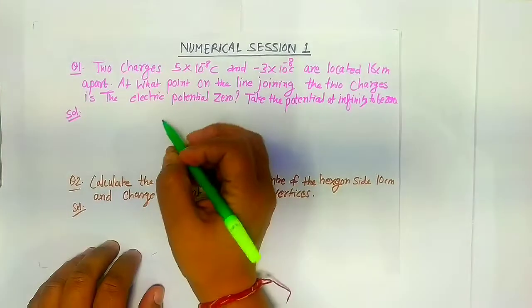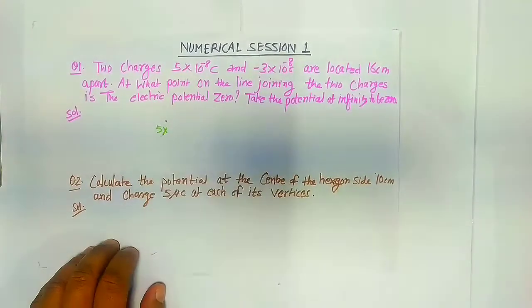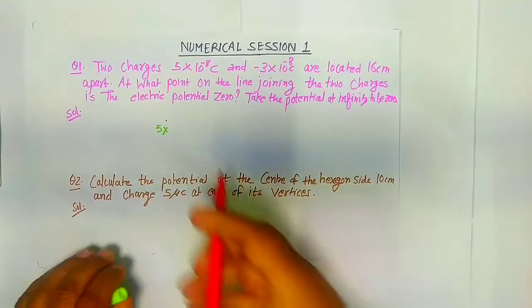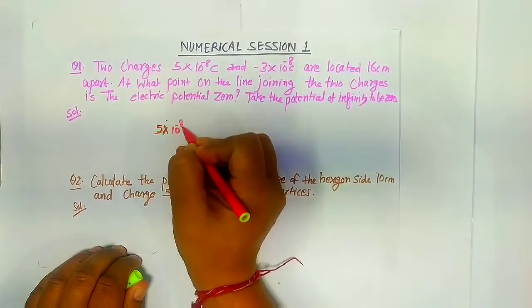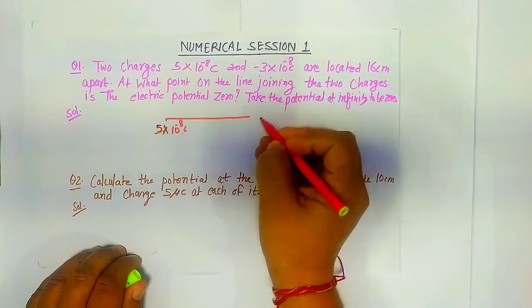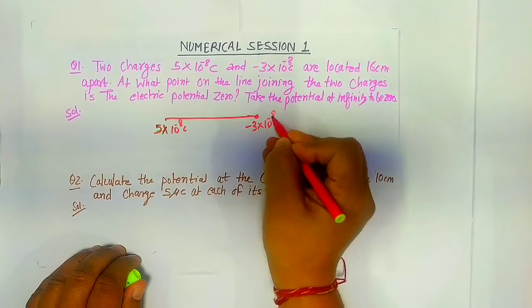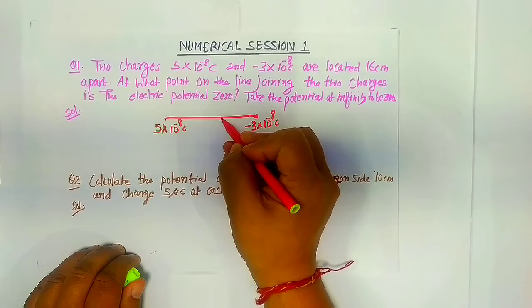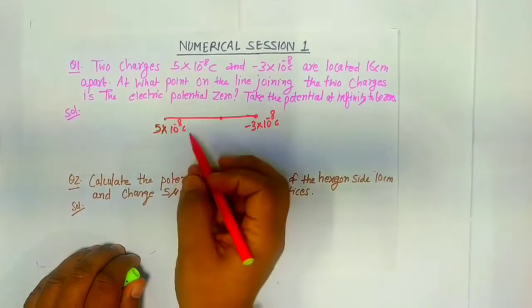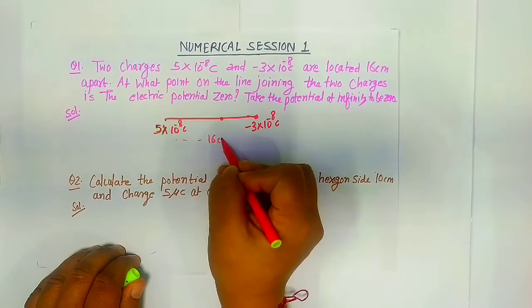Now we have two charges. Say one is 5 into 10 to the power minus 8 coulomb, and the other charge is minus 3 into 10 to the power minus 8 coulomb. Say there is a point somewhere here, and the total distance is 16 centimeter.